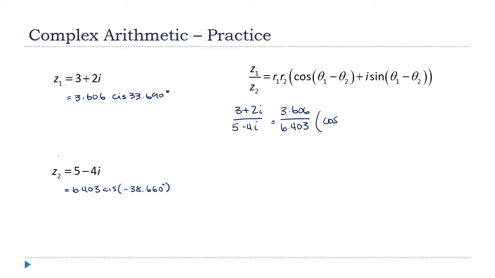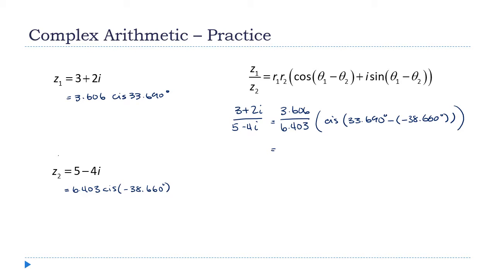The angle of the number on the bottom is the angle that gets subtracted. So this is cis 33.690 minus negative 38.660. Make sure I got all my parentheses right. There we go.